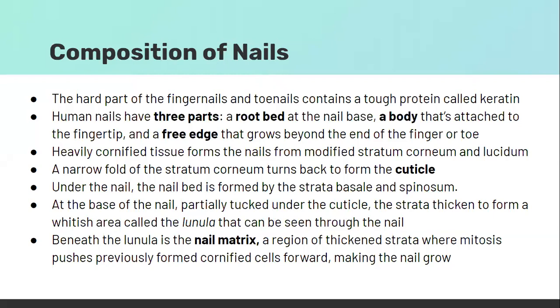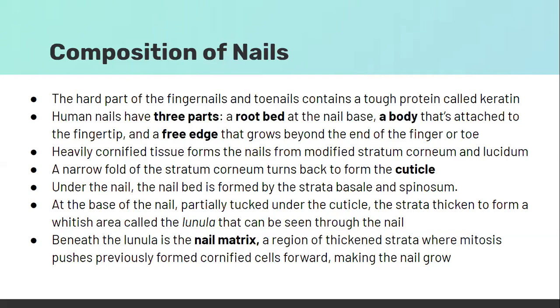It forms from heavily cornified tissue, which is the keratin. And this comes from the modified stratum corneum and lucidum, which are the layers of the epidermis we just discussed. A narrow fold of the stratum corneum turns back to form the cuticle.